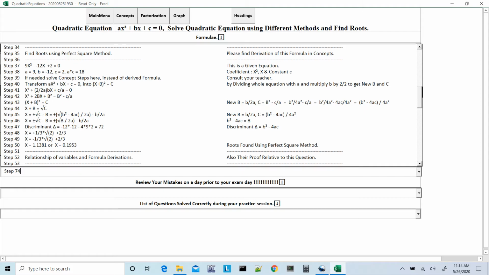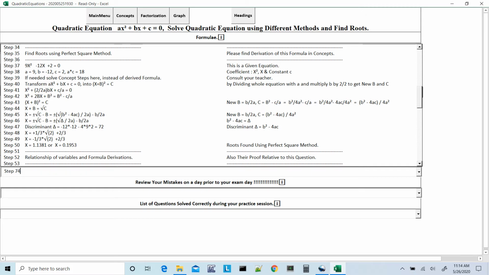Now, here what I want to tell you is, I have not directly substituted values of a and b here and then solved with substituted value, because you don't have to keep doing this computation 10 times. You can simply show this same generic derivation which I have shown you in concept, how you derived up to x is equal to plus or minus square root of c minus b.